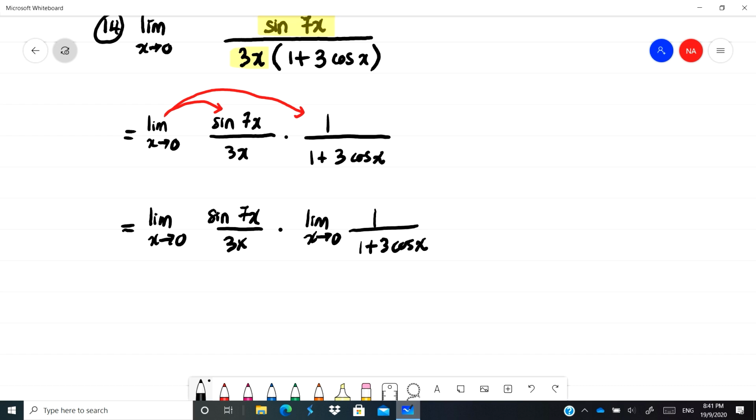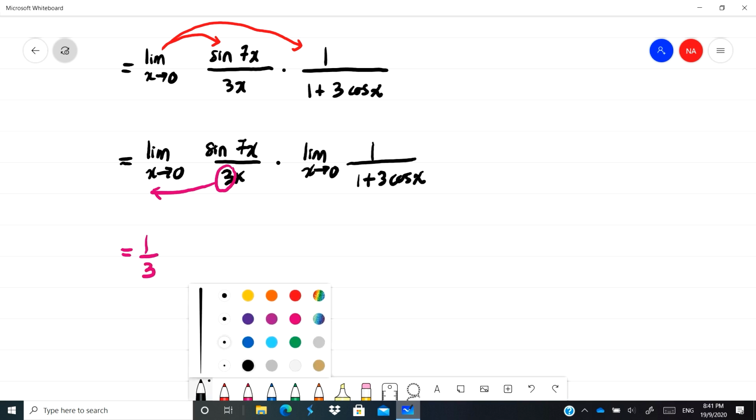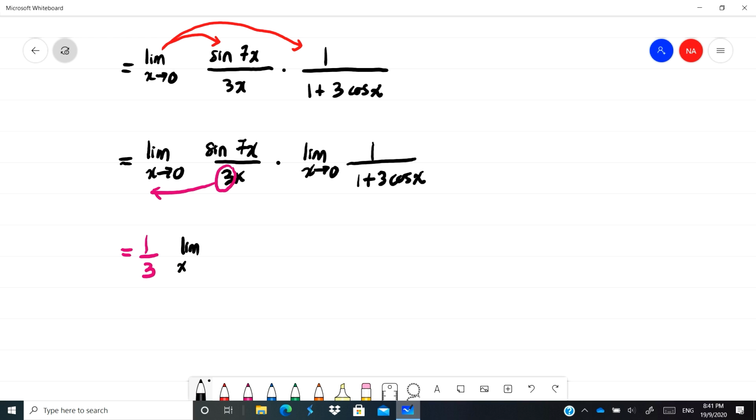We have to do some modifications here. We have to put this 3 out here, so it will be 1 over 3, leaving only the limit as x approaching 0 of sine 7x over x. And then you multiply with that one.